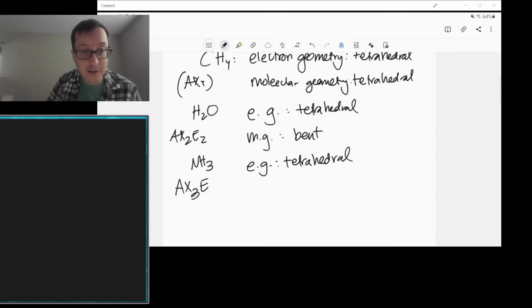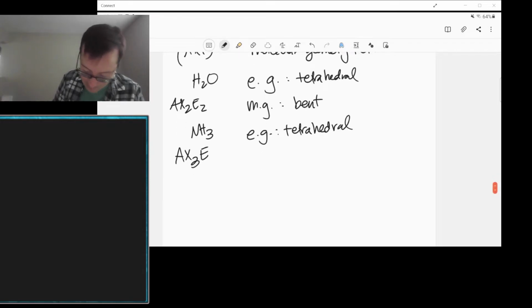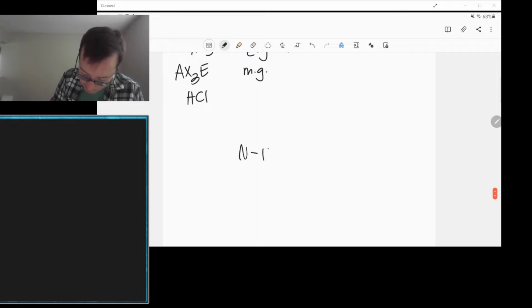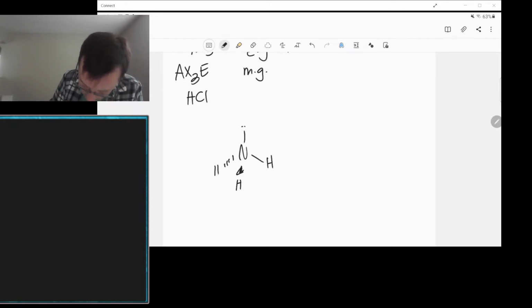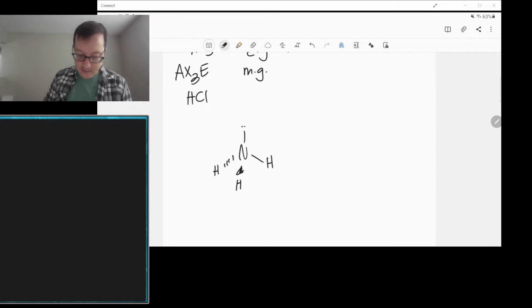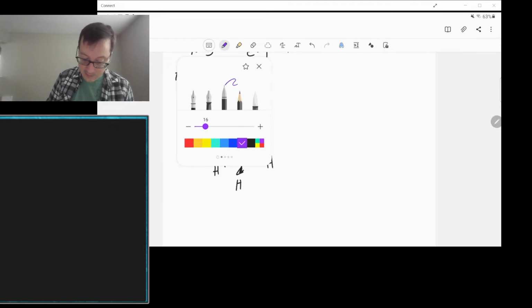I'm going to go down a little bit just so we have some more space because I want to also do HCl. So we'll keep that as well. So, NH3. If we go ahead and draw this, in 3D, or as best we can approximate 3D, we're going to see that the angles here, again, are going to be a little bit less.